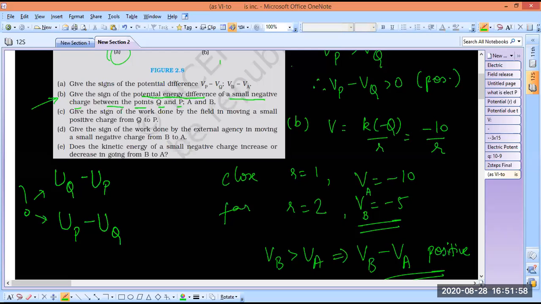First one. Okay. Fine. So most of you are saying UQ minus UP.